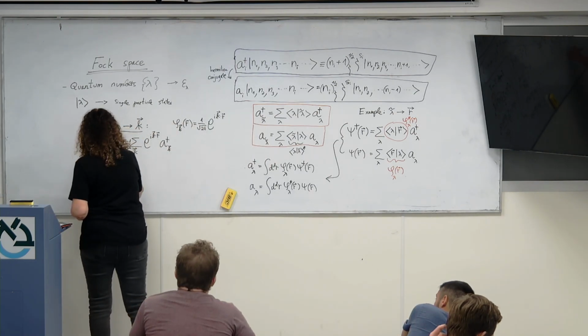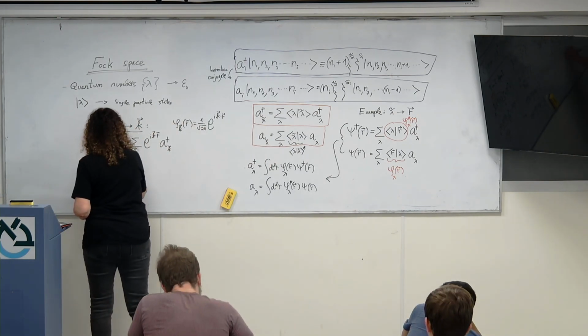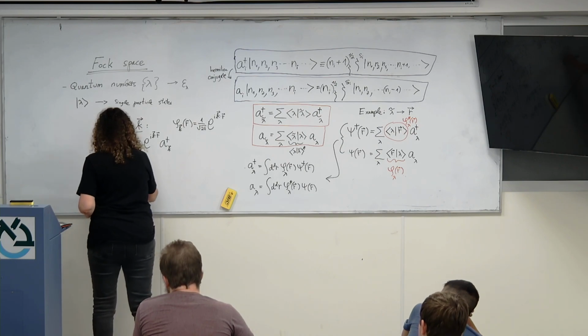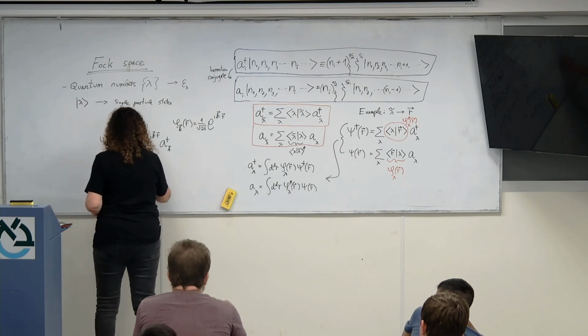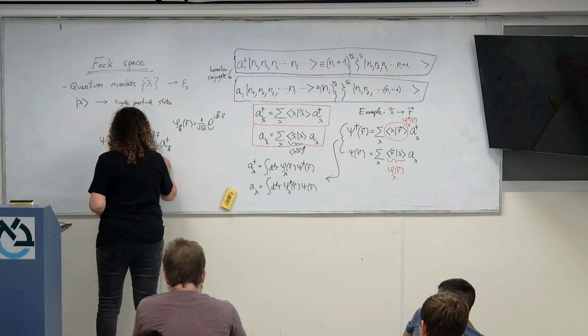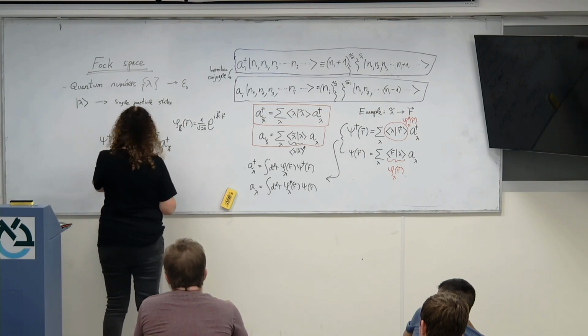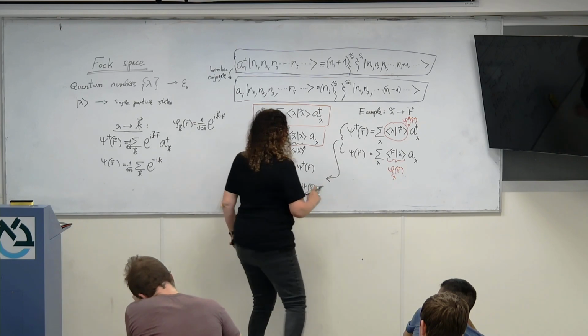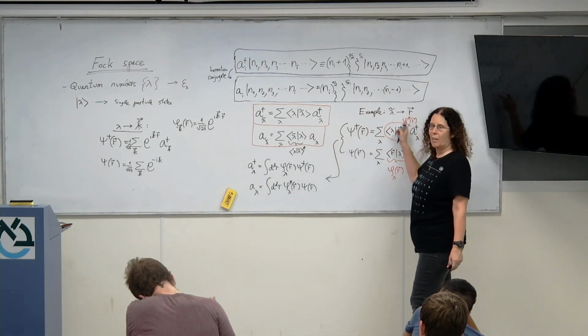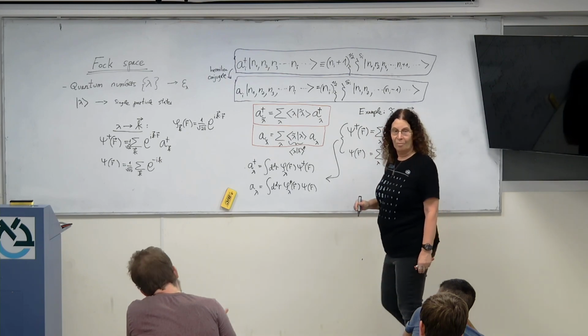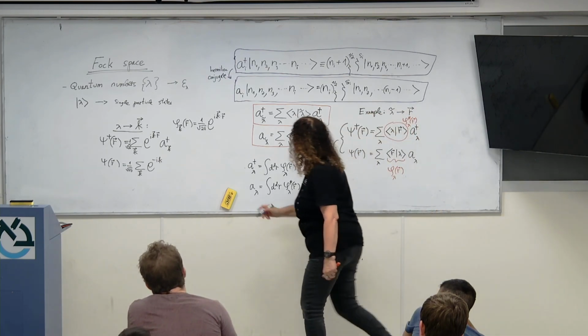Similarly, psi of r can be expressed as a sum over k of e to the minus i k dot r. Sorry, I wasn't careful, because for the dagger you have phi star. It has to be phi star.